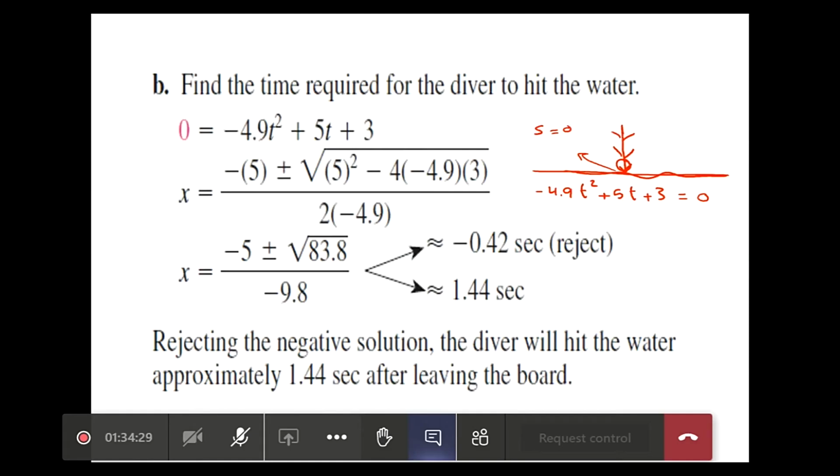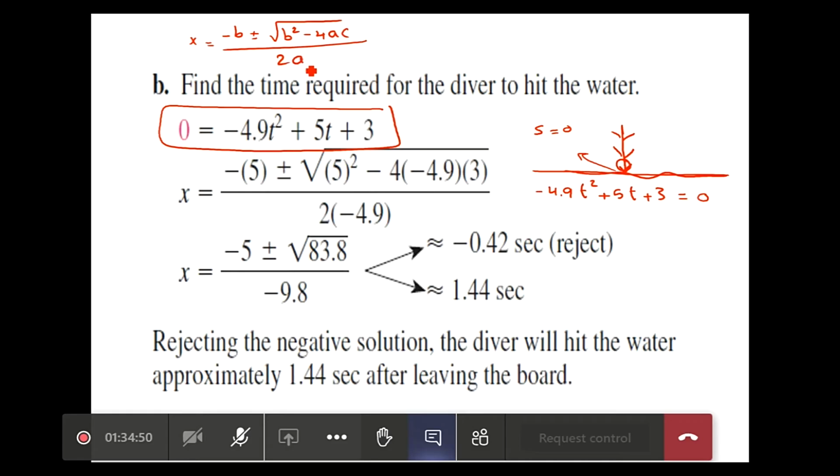Okay. So we have this equation. We can find the solution of the quadratic equation by the quadratic formula. We have x equals negative b plus or minus the radical of b squared minus 4ac, over 2a. This is the quadratic formula. Put in b squared minus 4, this is the a, this is the c, over 2a. We have two solutions, and one of them is negative.